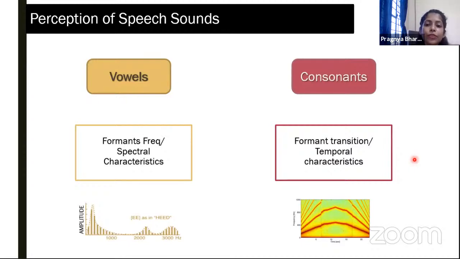Whereas for consonants, our auditory system relies not on any particular frequency or frequency characteristics, but on how the energy moves from one frequency to another, or how it transitions across a period of time. So the transitions are important features for identification of consonants.